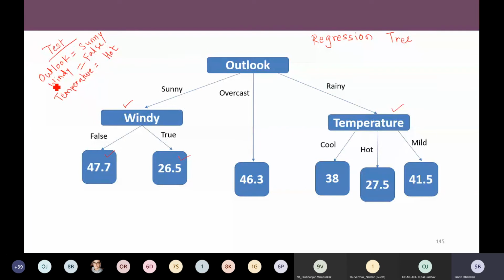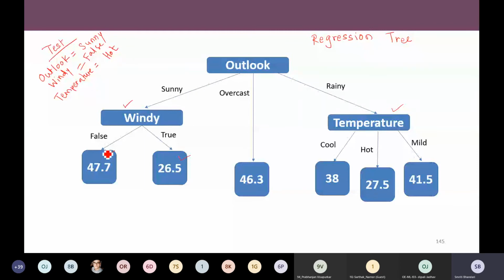Now, we begin from the root node. What is the value of outlook in our test sample? Outlook equal to sunny, so we follow this branch. Then we arrive at the decision node windy. For windy, we have the value false.